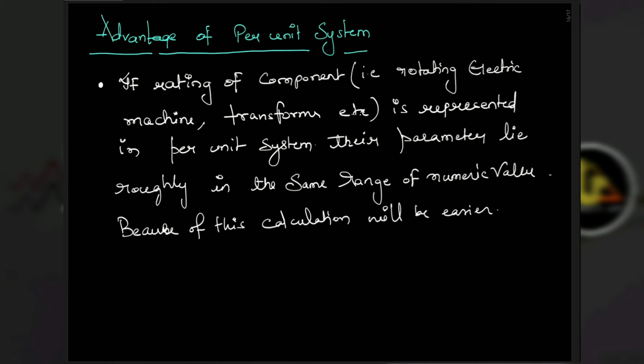It will be a more difficult process. It is more convenient with the per unit system, where you convert all the actual values into per unit values, and the final result you get by multiplying those per unit values with the base value.